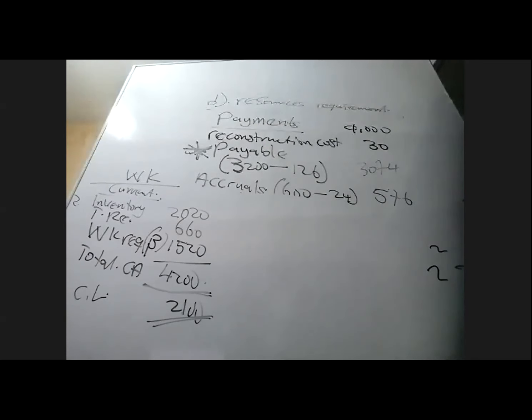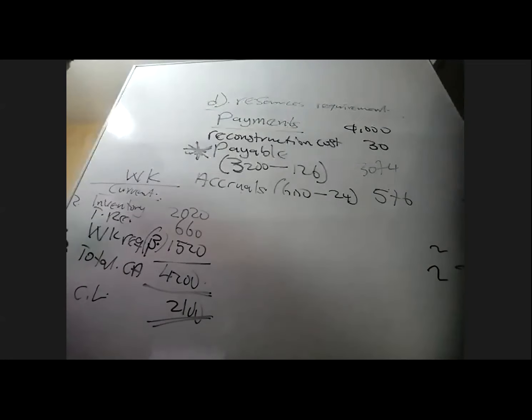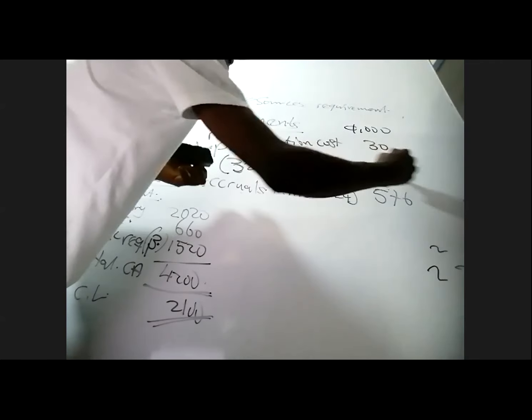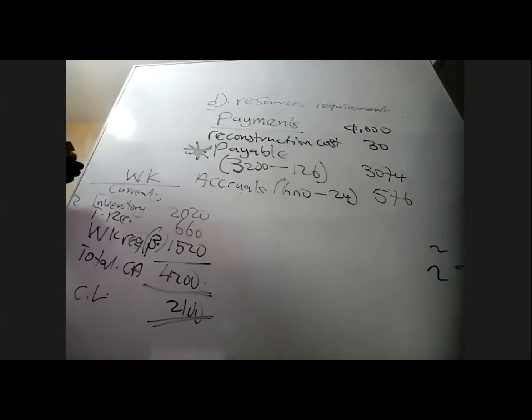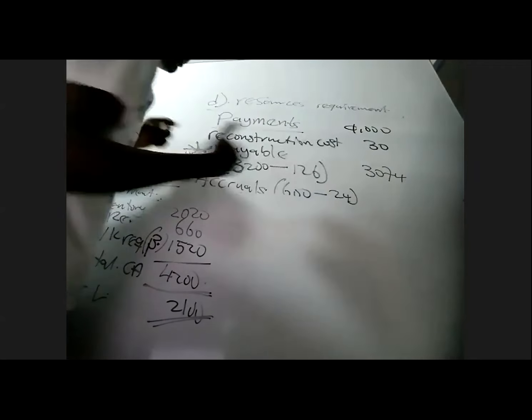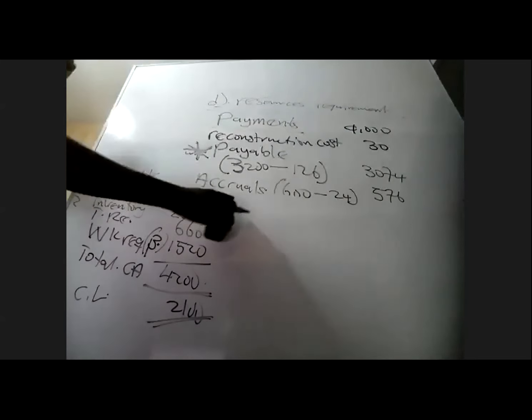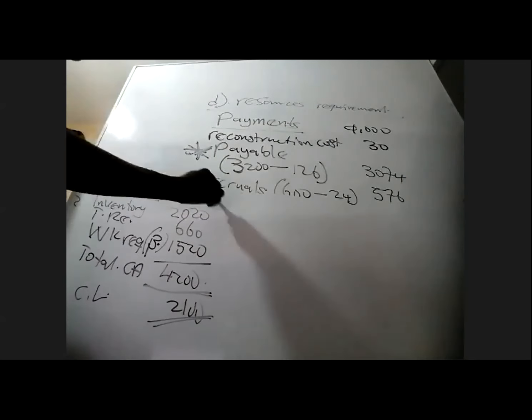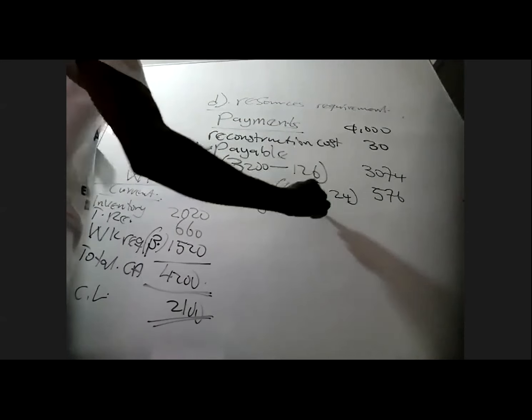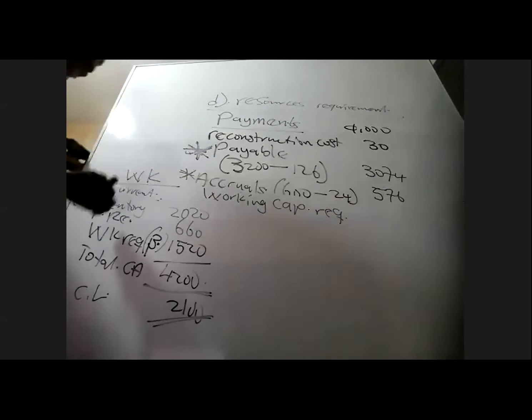So the working capital requirements, the balancing figure, or the heartbeat, we come and then continue writing it here. So this one was 3074. Good. Then let's continue. Here's 576. Then we go to working capital requirement. Then you quote this working number.